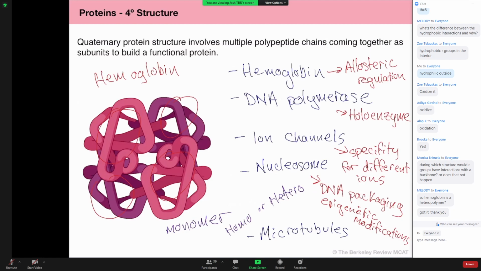Does anybody have any questions on that? Okay. So again, these are just classic MCAT proteins that seem to get tested a lot, and it usually is because of some disruption to the quaternary structure.